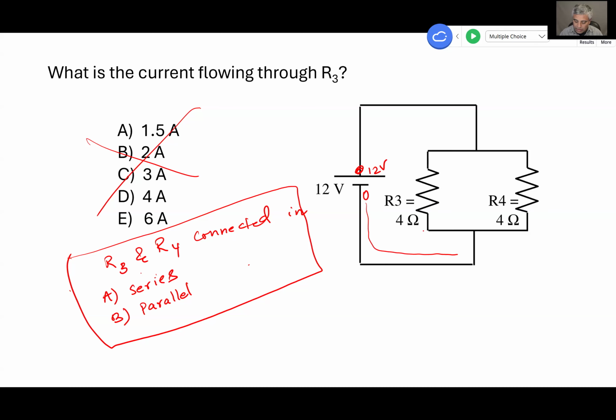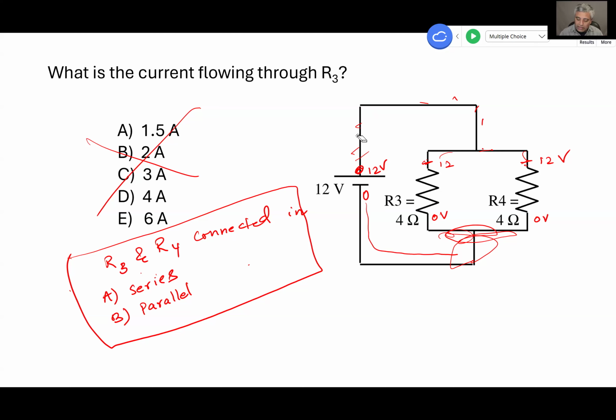See the connected wire, the voltage does not change. So all the way up to here is 0 volt, all the way here it is 0 volt, and everywhere over here, up to here, 12 volt, and up to here, 12 volt. You see the same difference of 0 and 12, 0 and 12. So that means they are connected in parallel.